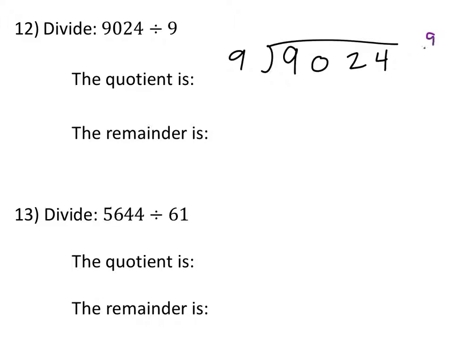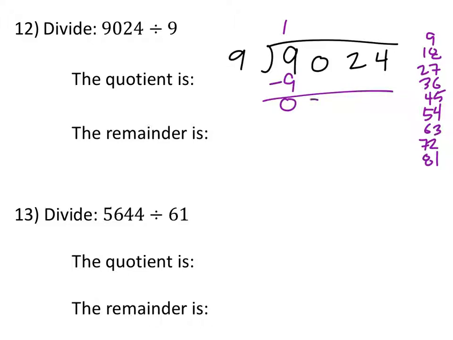So we got 9, 18, 27, 36, 45, 54, 63, 72, 81. All right, so 9 goes into 9 once. So 1 times 9 is 9. Subtract. That's a 0. So I'm going to carry down this 0. 9 goes into these zeros 0 times, so I got to carry down this 2.